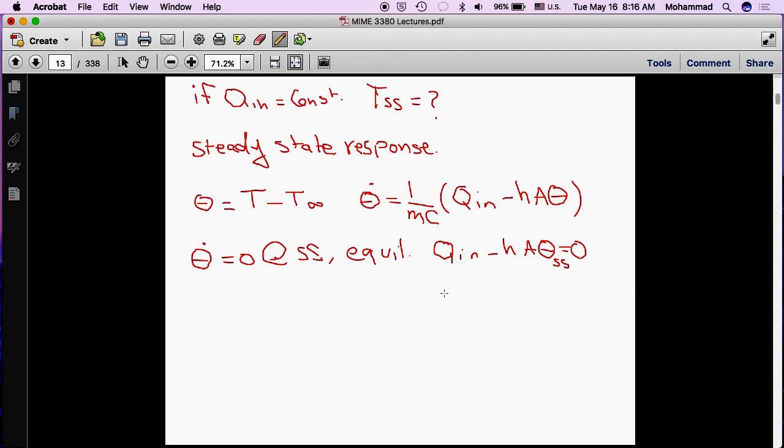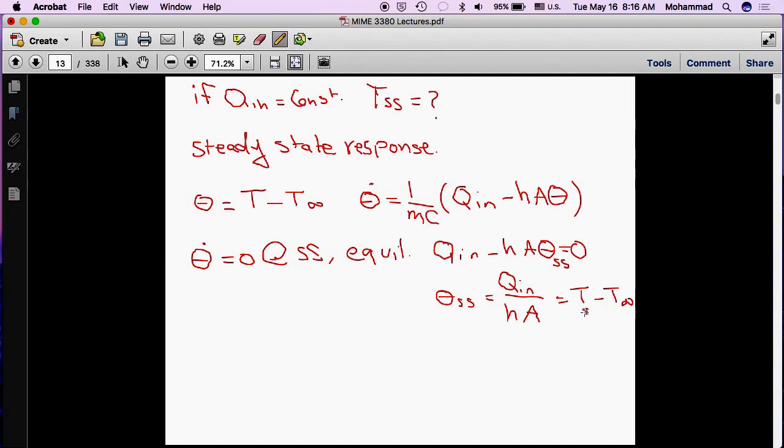Once we write this, you can find theta steady state to simply be Qn, the level of heat that comes in, divided by hA. Now, remember, theta is temperature minus temperature of outside.